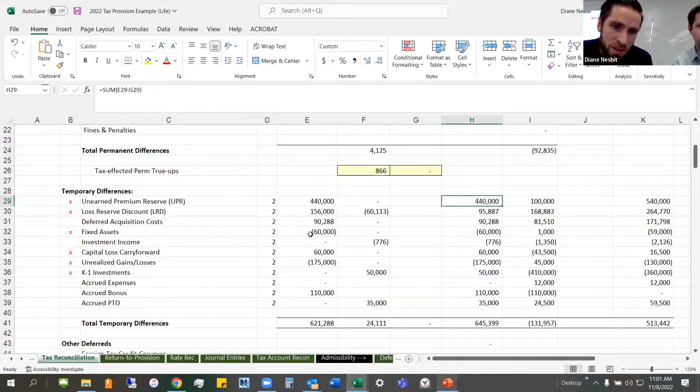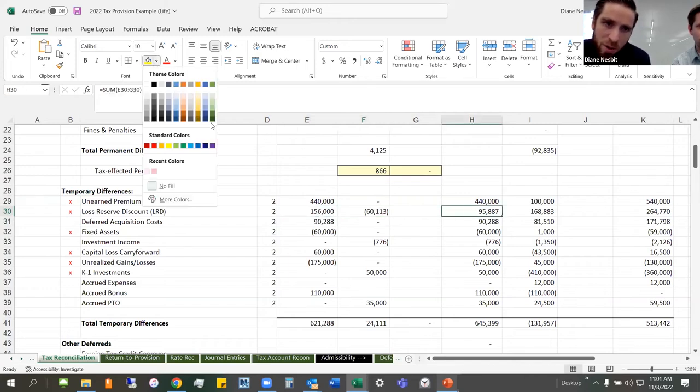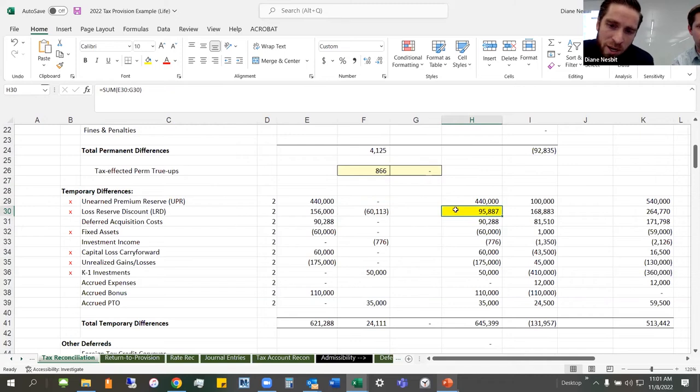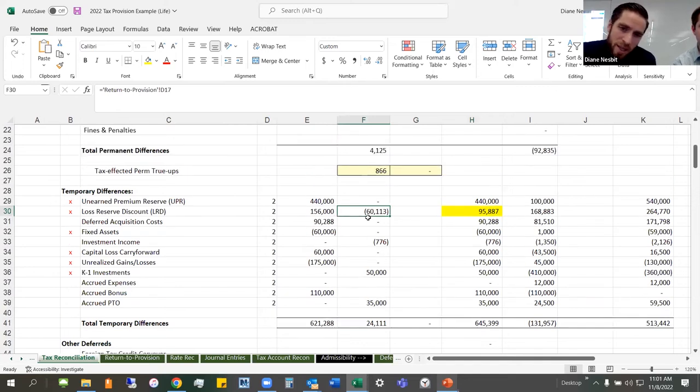And so that difference, that 60,000, just runs through here to adjust our beginning. So this beginning number is now correct. If I were to look at my tax return or my tax return work papers and ask what the difference in the basis of my loss reserves is, this would be the number that tied to the return. And then, I think that's it.